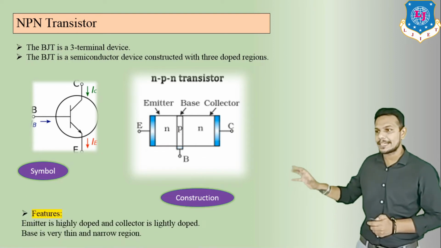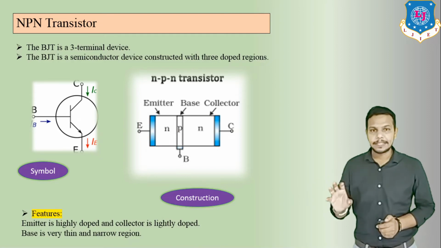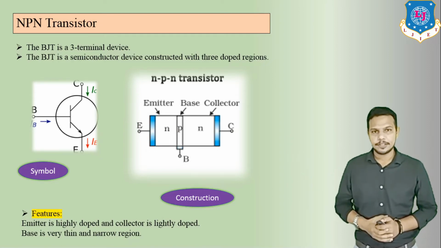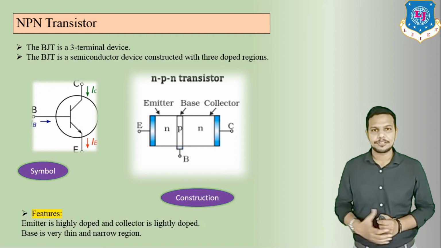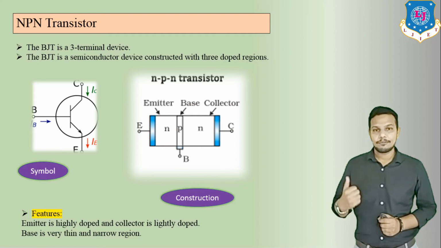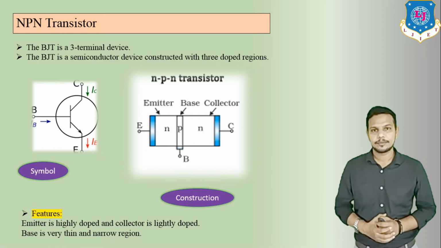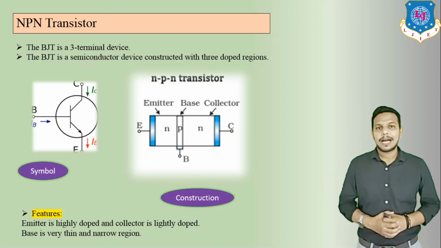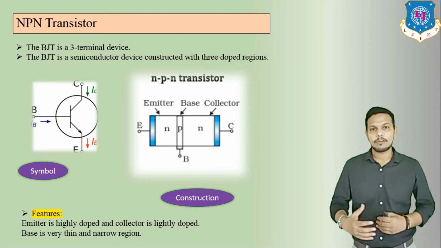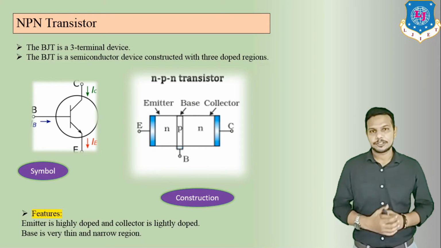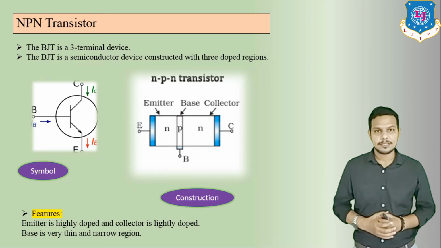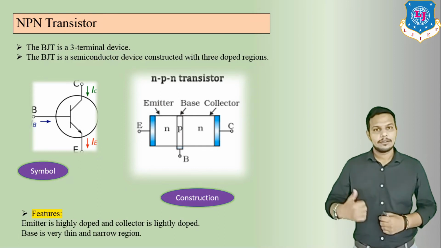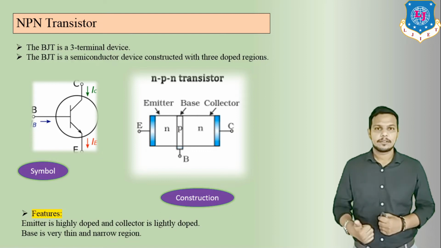Now here we can see the emitter is highly doped material in this NPN transistor, and the collector is lightly doped compared to the emitter, but the base is a very thin and narrow region compared to the emitter and collector. In short, the emitter has more electrons than the collector. The collector has more space than the emitter and base, and the base has less space and fewer carrier charges.